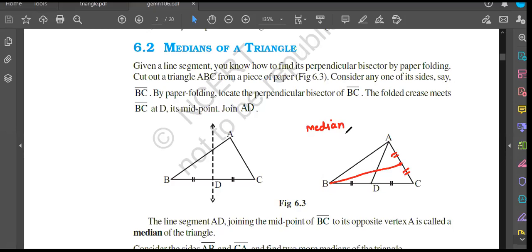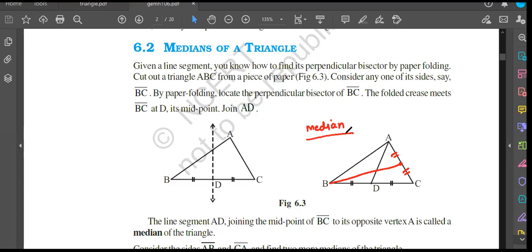Got it, everyone? Tell me, got it? Yes. The vertex is actually a point at which two sides of any polygon meet. That's your vertex.